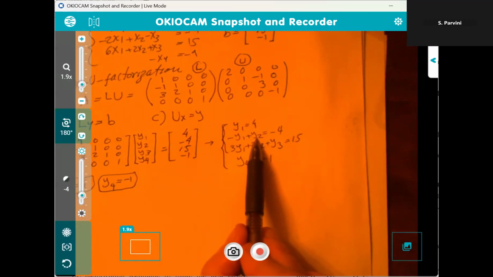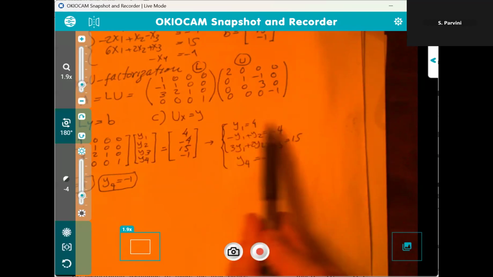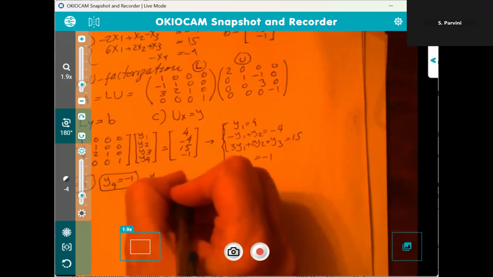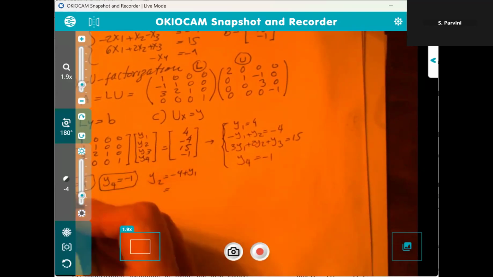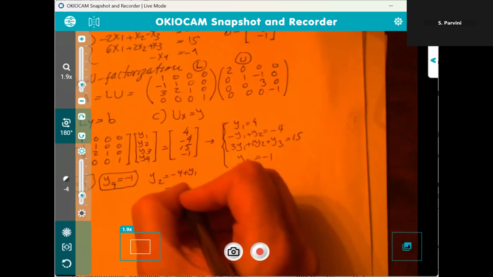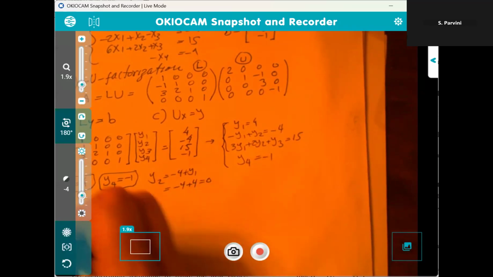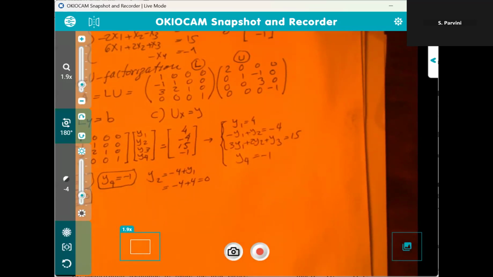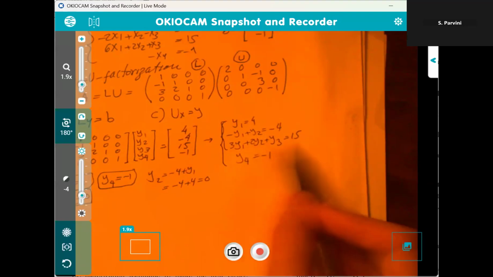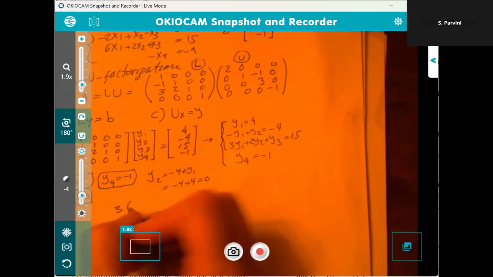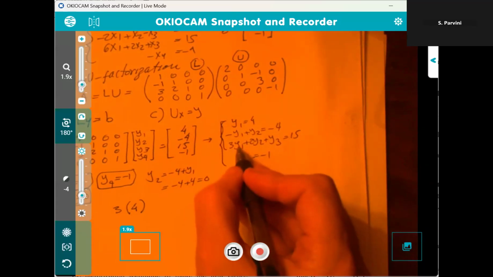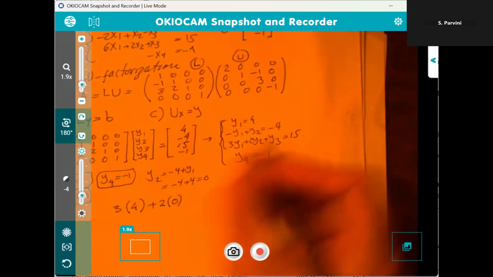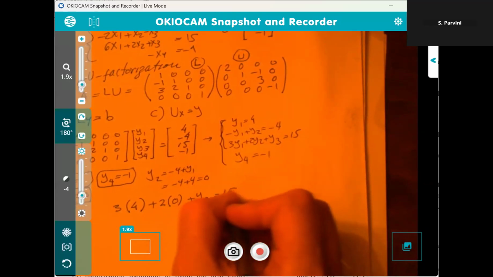Isn't y2 negative 4 plus y1? So y1 is 4. Therefore, that's negative 4 plus 4. y2 is 0. And y3, now I can go to this long equation. 3 times y1 here, plus 2 times y2, plus y3 equals 15.